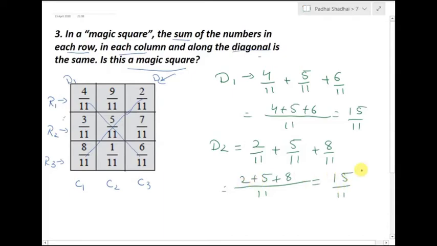See here, the sum of all the rows, all the columns and both the diagonals is same, that is 15 by 11. So therefore we can say that this is a magic square. Yes, the square given here is a magic square, as the answer for each one is same.